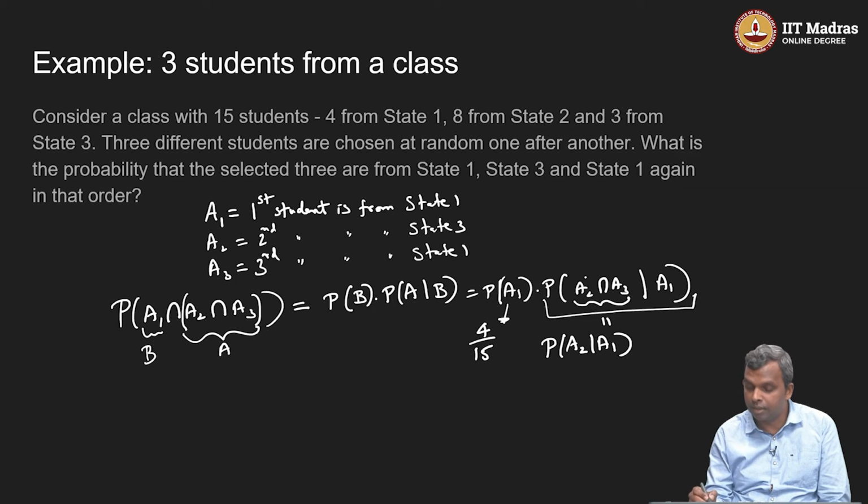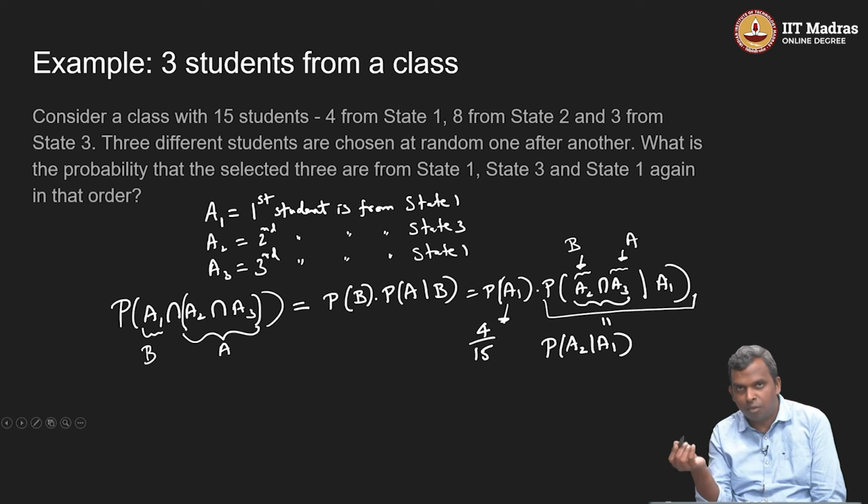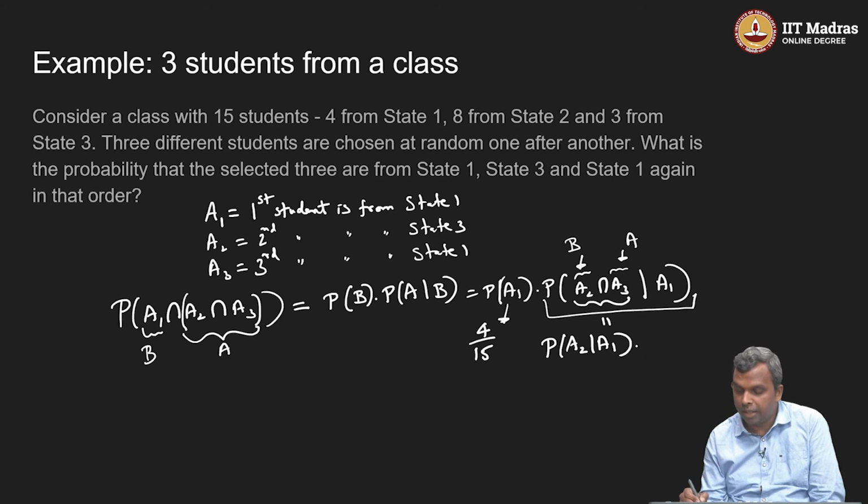Notice this is like my new B, and this is like my A. So I can write this probability as probability of B, but notice it's not just probability of B. Why? Because I'm conditioning on the A1 space. I've gone to the smaller space, so I have to write this as probability of B given A1, so that is A2 given A1.